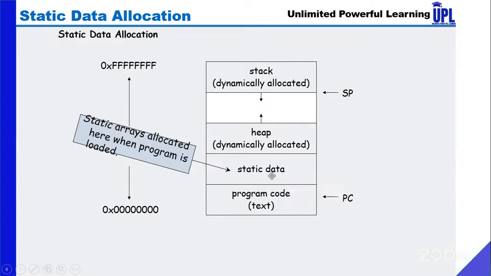Otherwise, it will not be created at all. Then your program code will be there. This is how the structure of your array will be stored in the static part. If you go to the concept of pointers or dynamic structures, then that data will be stored in the heap. Local variables will be kept here in the stack as a pointer, and program code will be here. This is just simple information we are talking about here.